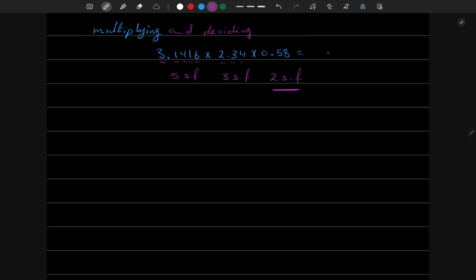So the final answer is going to be 4.3, only 2 significant figures. I don't remember actually the real number that I get, but let's say that it's 4.2987, something like this. I have to round this to just 4.3, which is 2 significant figures as this one.